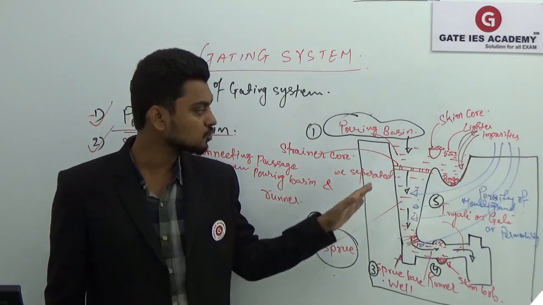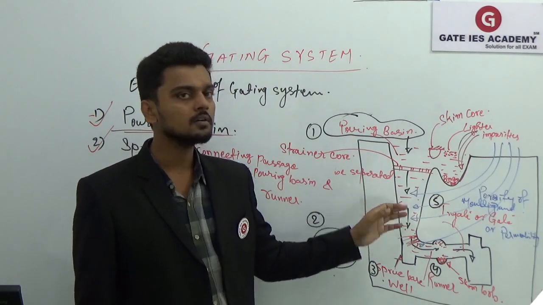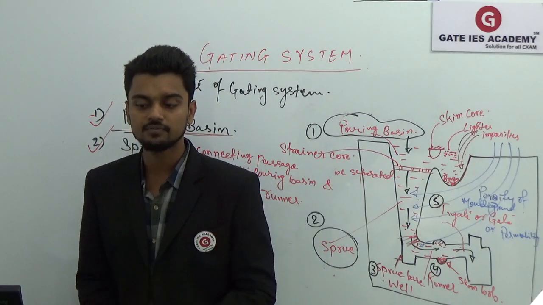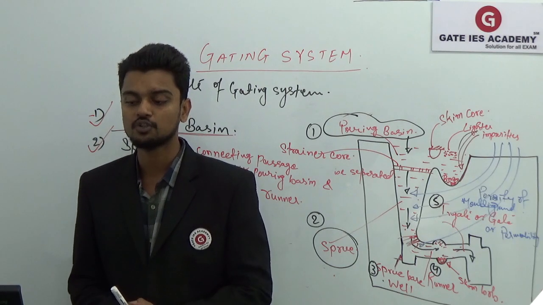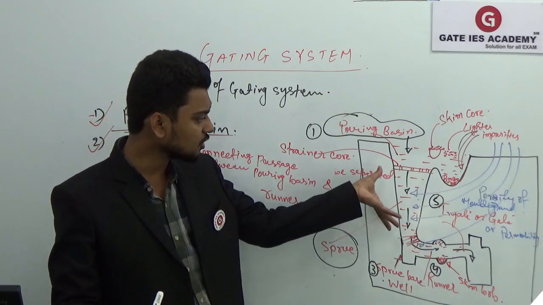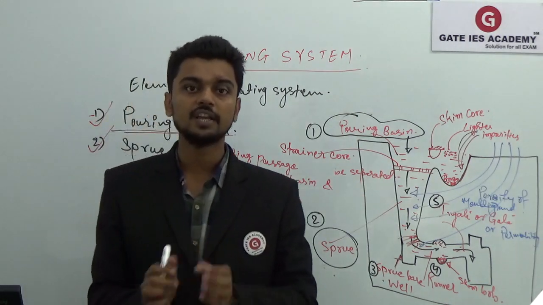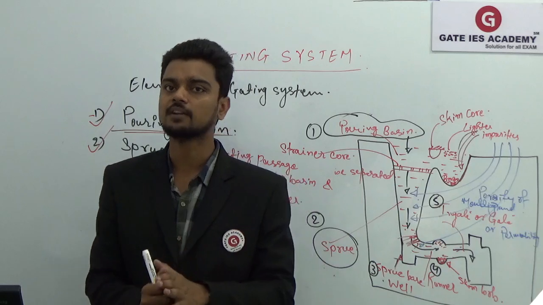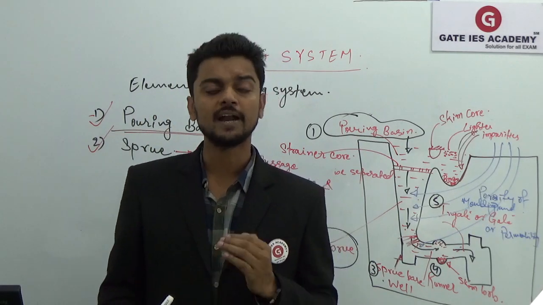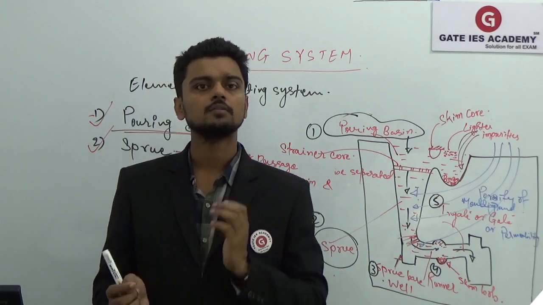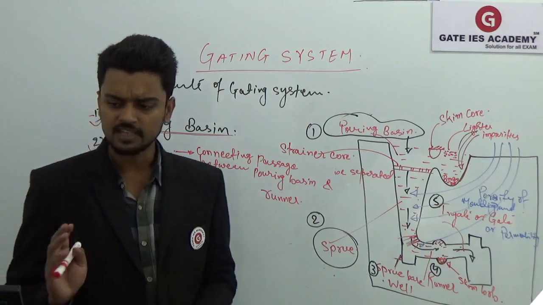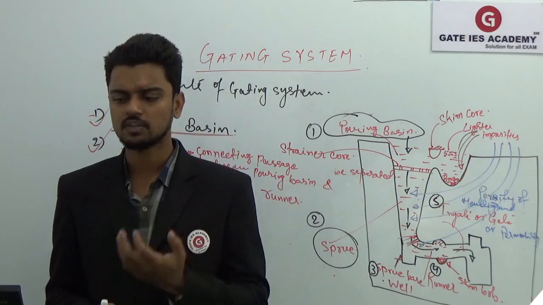Aspiration effect means to maintain the pressure inside your gating system greater than the atmospheric pressure. And the height of the sprue is responsible for producing the required velocity of the molten metal in the gating system. It is the height of the sprue which will give you the required velocity at which the molten metal will enter into your mold cavity. We'll try to find out how that velocity depends on the height of the sprue.